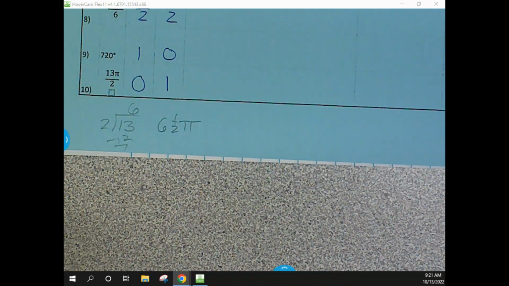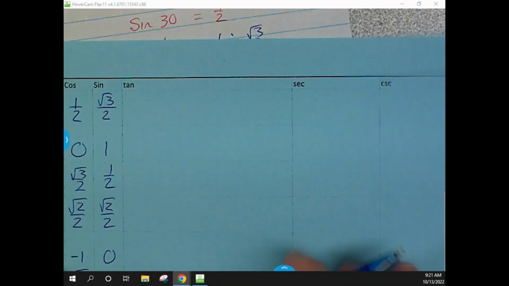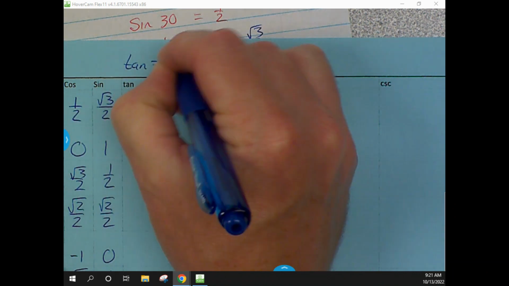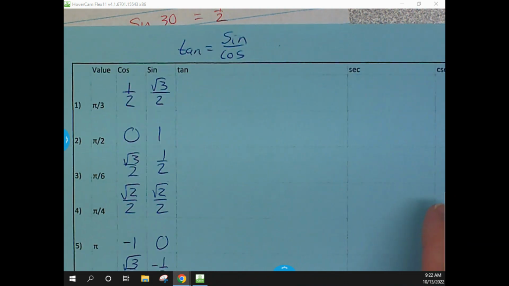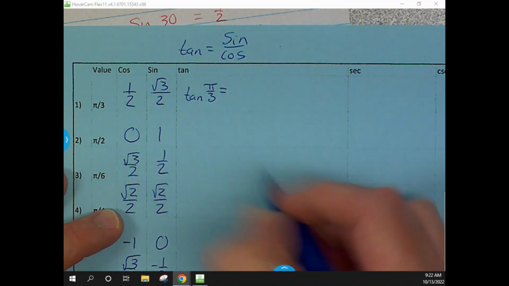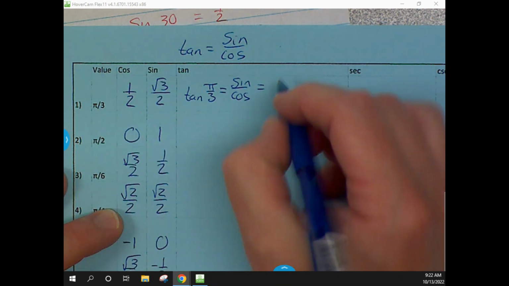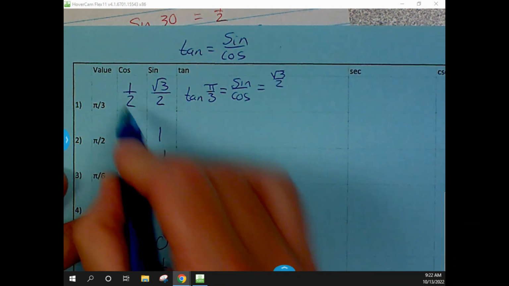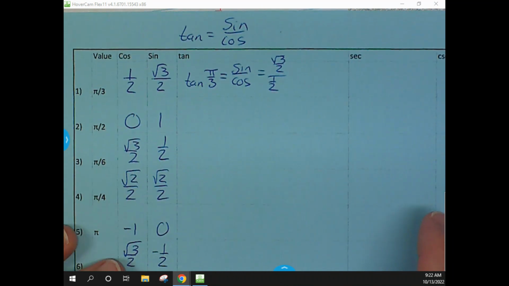All right, now here's where we tie it together. For tangent, we just said a minute ago that tangent is sine over cosine, right? So we're going to figure out what all these values are if we have to do tangent. For pi over 3, tangent of pi over 3 is going to be sine over cosine. But sine is square root of 3 over 2, cosine is 1/2.